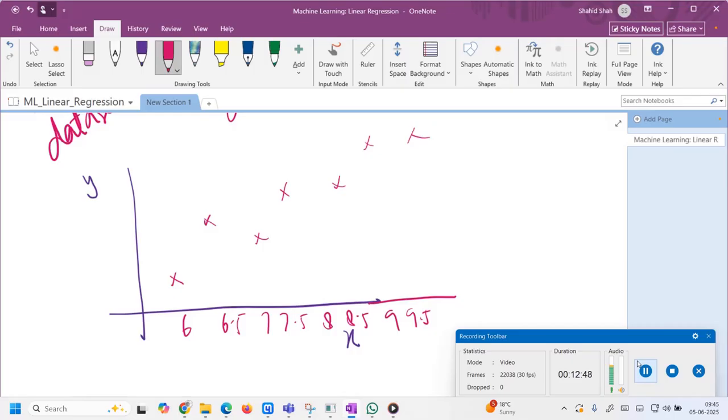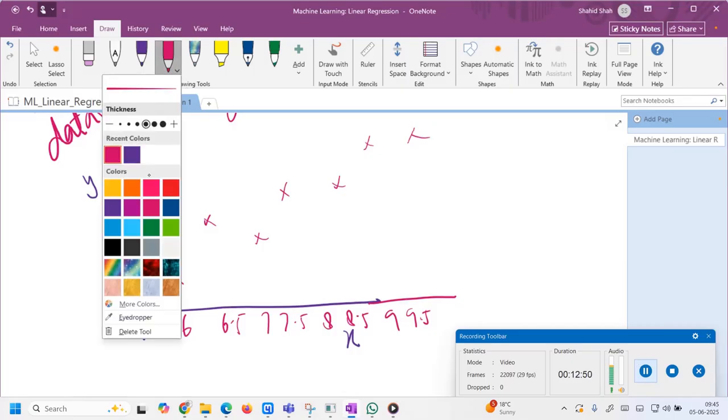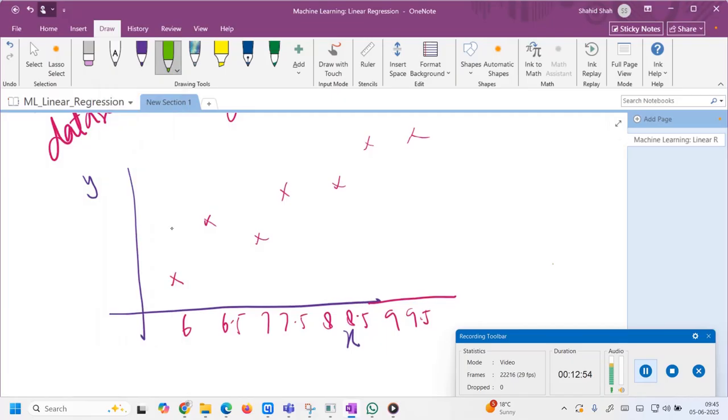Now what do we mean by linear regression? We are basically trying to find some line such that, see, we can draw different lines. Let's draw a line like this.